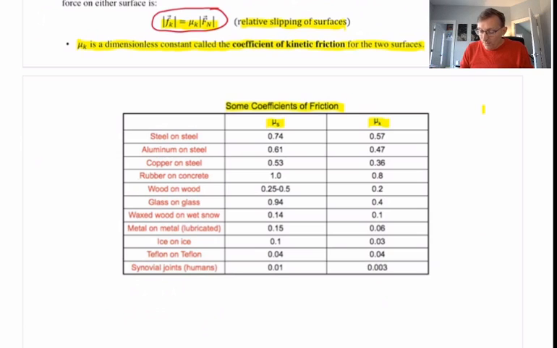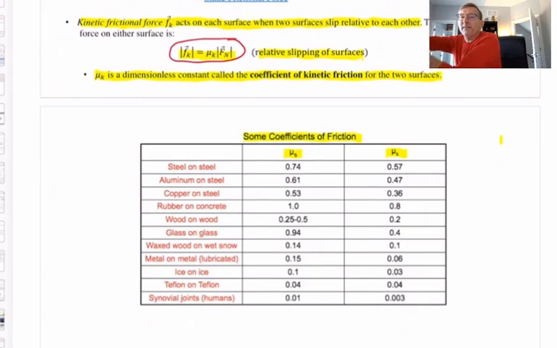Now, basically, the larger the coefficient of friction, the more the surfaces want to bond with each other, the larger the frictional forces you get, the stickier they are. Okay? Okay, now, so you can look here and you can see, like rubber on concrete, the coefficient of static friction is 1.